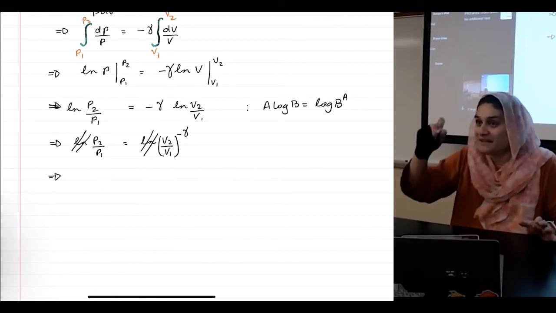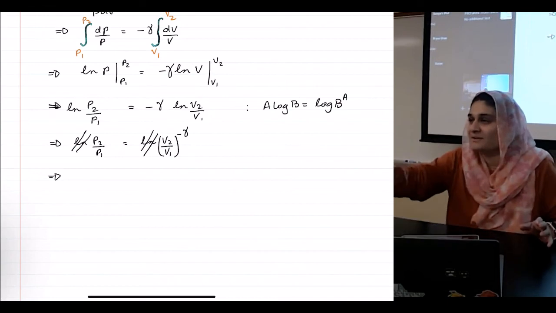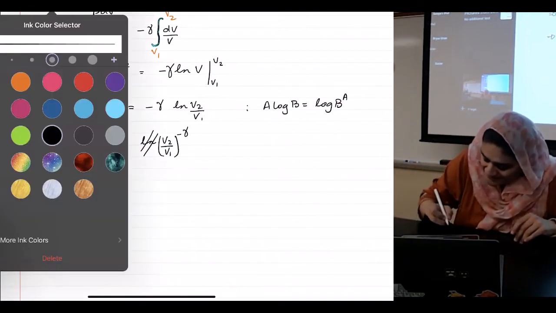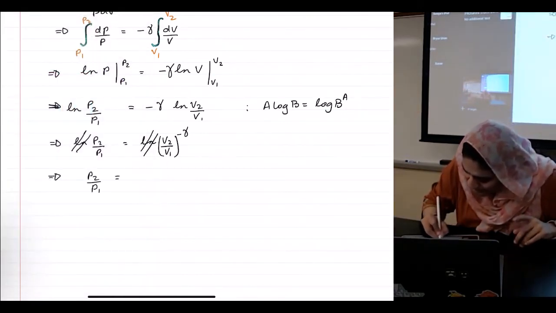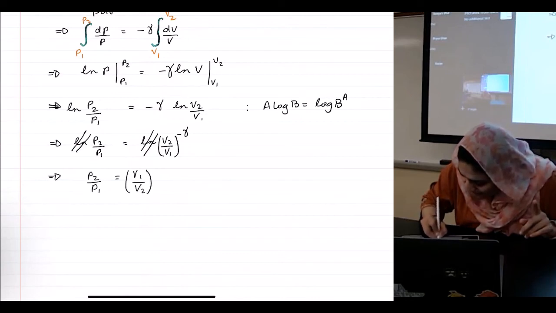Because it has to be e to the power, and then the e and the logs cancel. That's the real way to do it, but I'm too lazy. Okay, so then may I rewrite this as P2 over P1 equals, watch carefully, V1 over V2 to the power gamma.